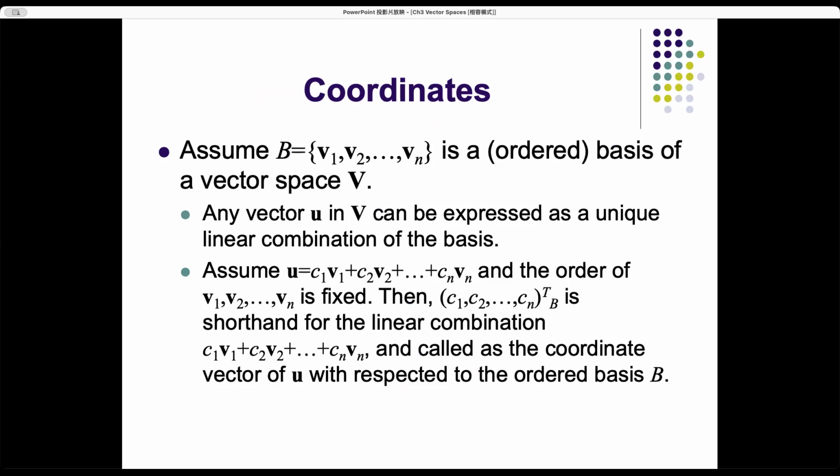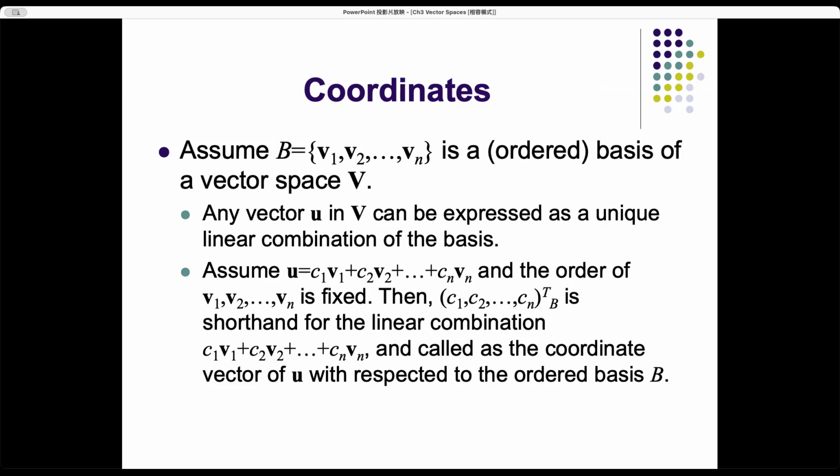So for a given basis, we have to make sure this is an ordered basis. In other words, when we consider this basis, the vectors in this basis are in a fixed order.